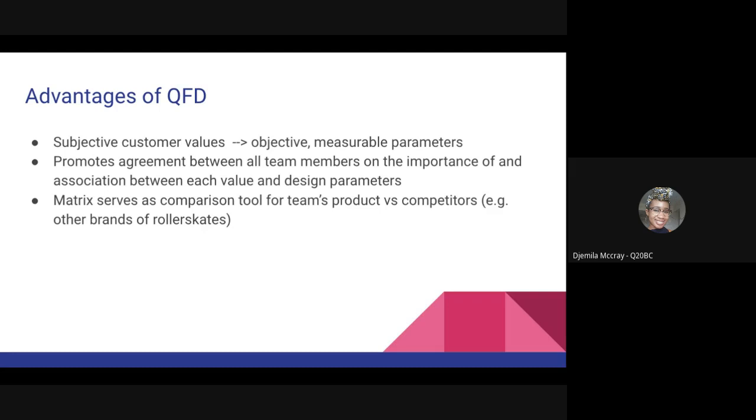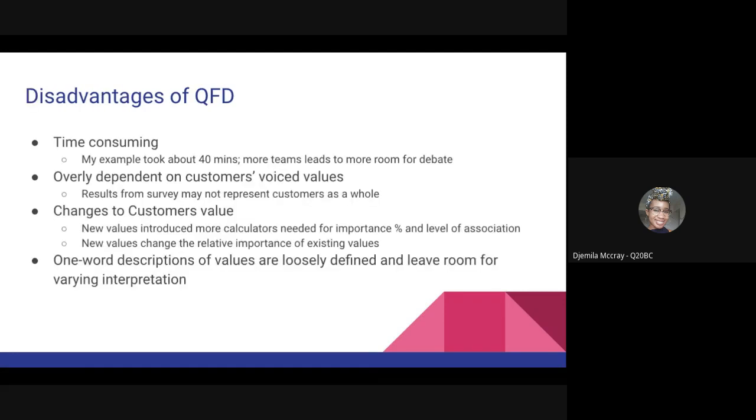And the matrix also serves as a good comparison tool when you're comparing your own product to other competitors' products. So you can compare the speed of your boot to the speed of another roller skating boot, and just do that for each characteristic, and you would have an actual number value that would determine how well each component is being met, and making sure the most important components are being met.